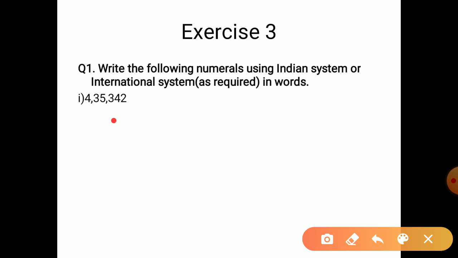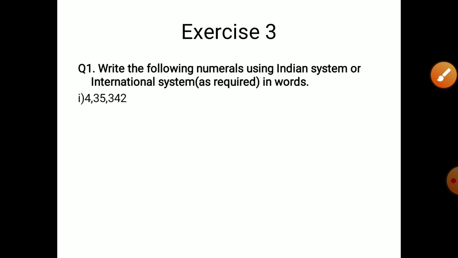If these commas are placed according to the Indian number system, you will write the number according to the Indian number system, or if they are placed according to the international number system, you will write the number according to the international number system. So my first number is this: 435342.